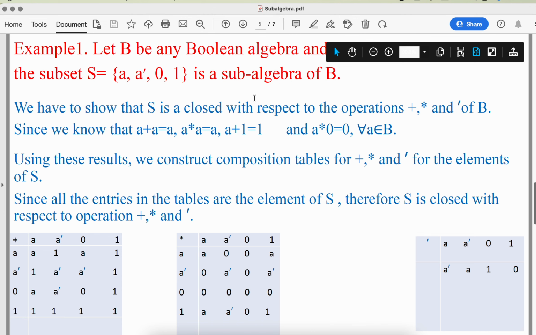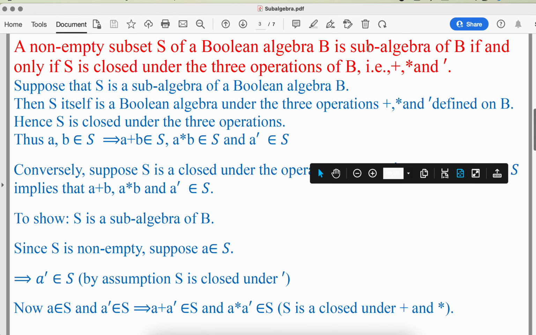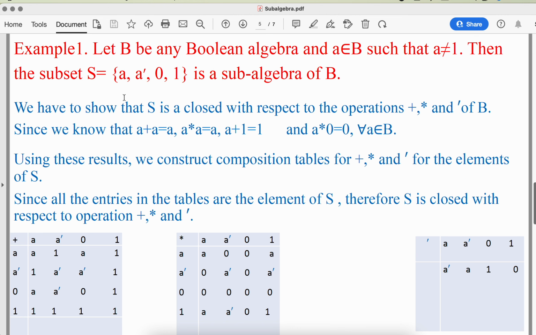In the last result, we have shown that a non-empty subset S of a Boolean algebra B is a subalgebra if and only if S is closed under the three operations. So, to prove that this is a subalgebra, it is sufficient to prove that S is closed with respect to three operations.